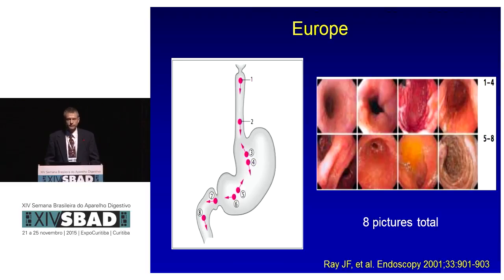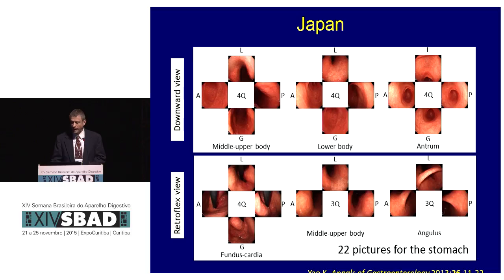In Europe, they actually have guidelines on how many images to obtain at each upper endoscopy. The recommendation is to obtain 8 images: 2 in the esophagus, 4 in the stomach, and 2 in the duodenum. In Japan, the guidelines actually call for 22 pictures only in the stomach.